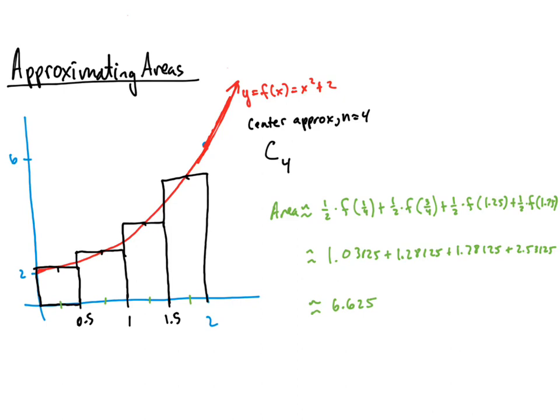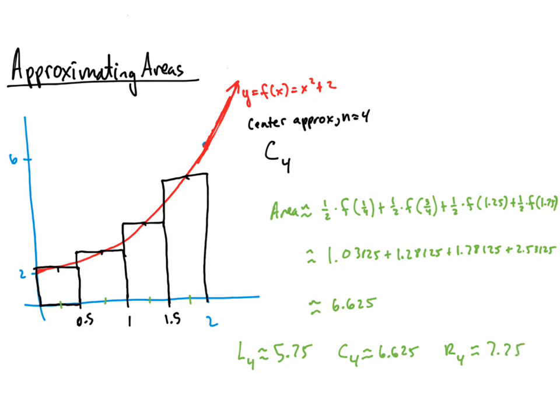All right, so what I get is 6.625, and we see that this is in the middle of the other two approximations. So our left-hand approximation, we had 5.75. For the center approximation, we end up with 6.625, and then the right-hand approximation, we ended up with 7.75.